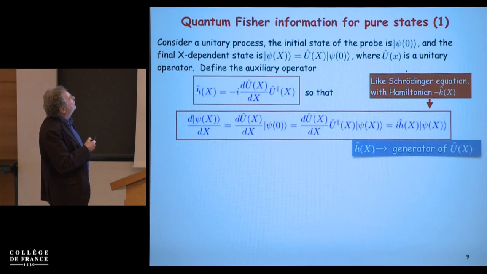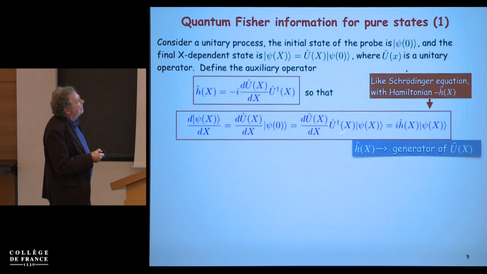And you see that if you define this operator like that, then the derivative of psi x with respect to the parameter can be written like that. That's the evolution operator. And then we can express this in terms of psi of x, which means applying the inverse of the unitary operator. And this gives us precisely this h of x.